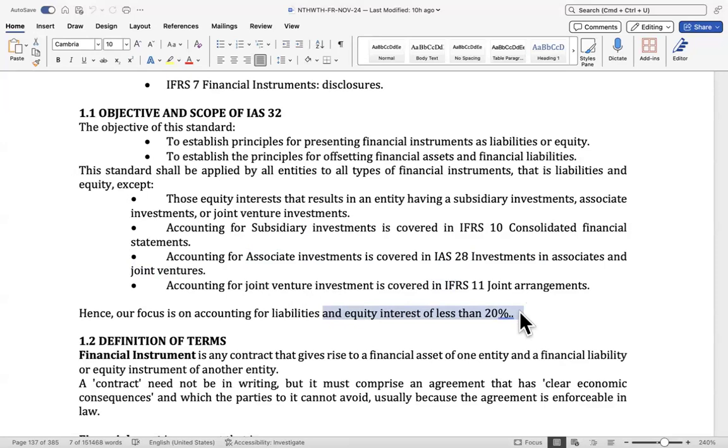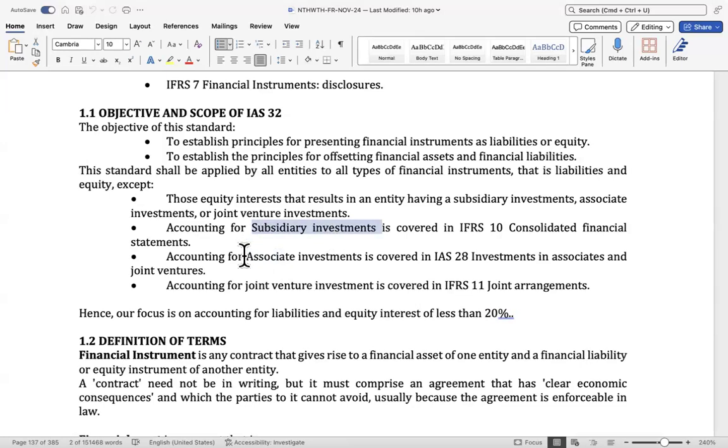But from your knowledge of group accounts, I'm sure you understand perfectly well that beyond holding interest, what can make an investment an associate or subsidiary is beyond the fact that you have at least 20% to make it associate, or more than 50% to make it subsidiary. You should know that the key indicator for subsidiary is control.